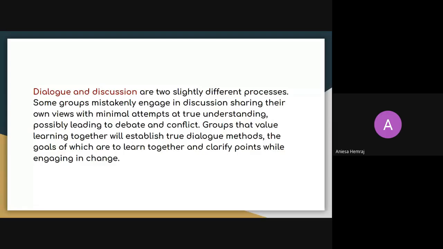So dialogue and discussion are two slightly different processes. Some groups mistakenly engage in discussion, sharing their own views with minimal attempts at true understanding, possibly leading to debate and conflict. Groups that value learning together will establish true dialogue methods, the goals of which are to learn together and clarify points while engaging in change.